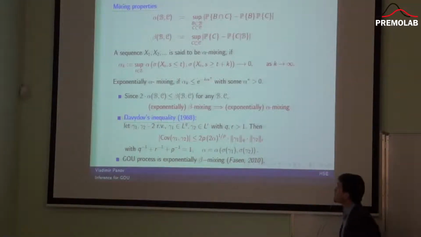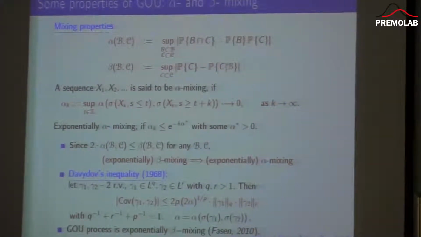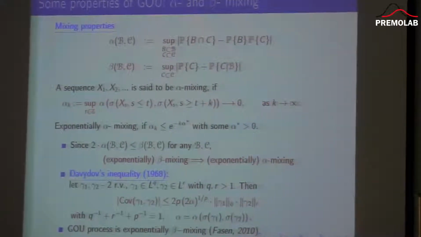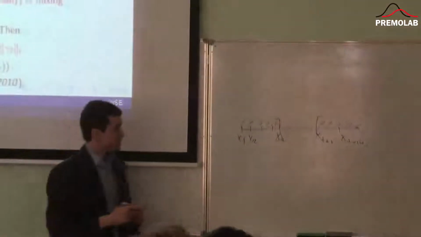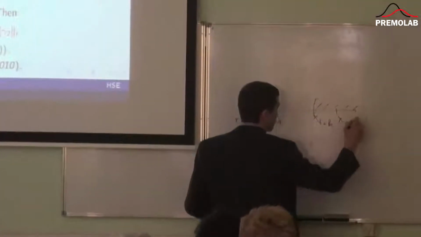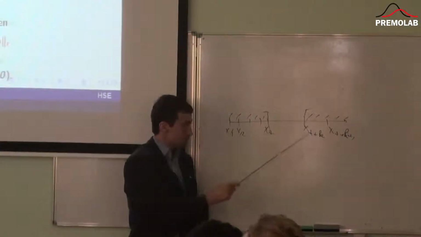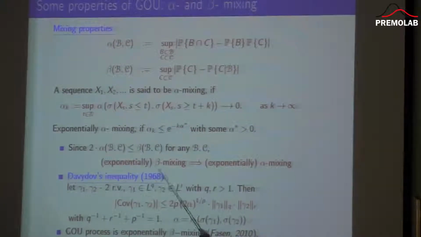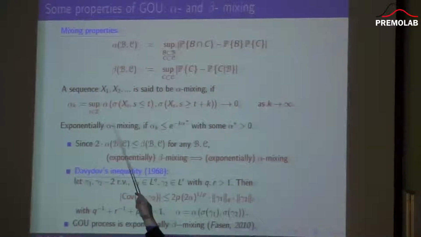So if we take two sigma algebras, one generated by all elements of this sequence with numbers less than t, and the second generated by all elements which have numbers larger than t plus k, we can compute the alpha mixing coefficients between these two sigma algebras and then take the supremum over all possible t.